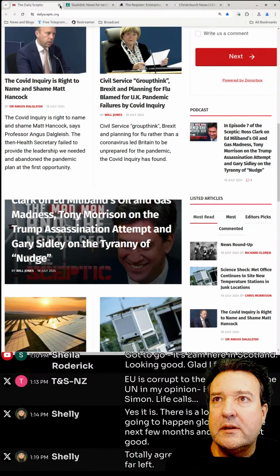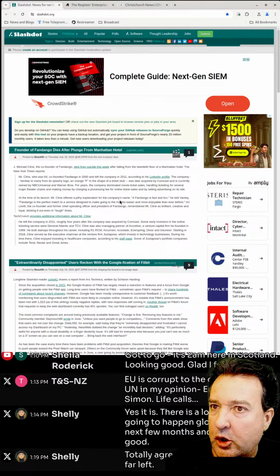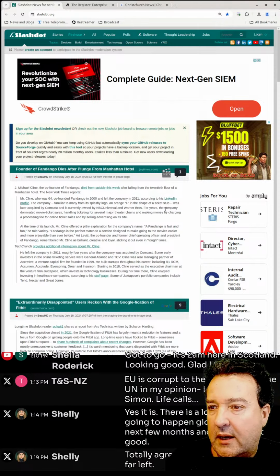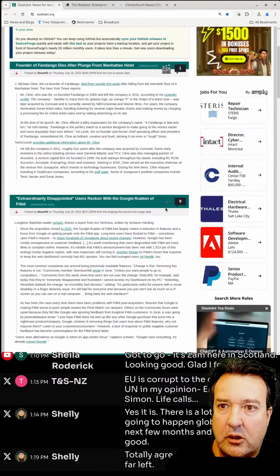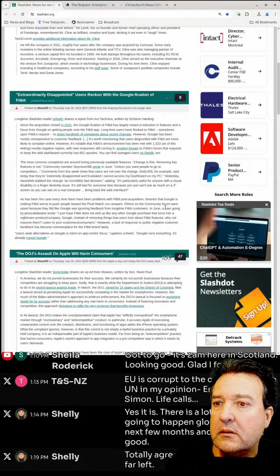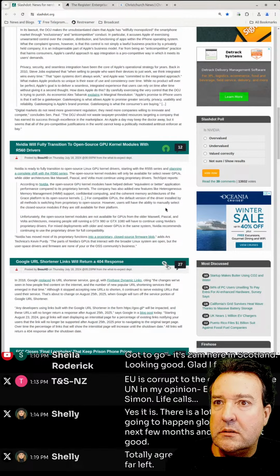Nothing I haven't read. Okay, all right, on to the tech news, which is my daily nerding. I just read the headlines of the site, OSnews, which I've been using for decades. NVIDIA will fully transition to open source GPU kernel modules. Nice.